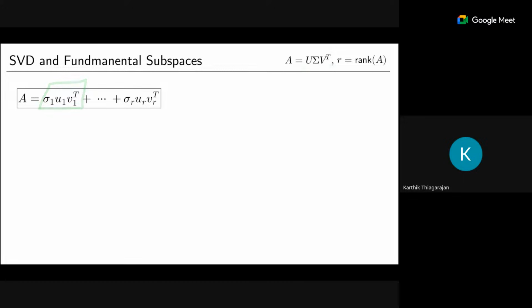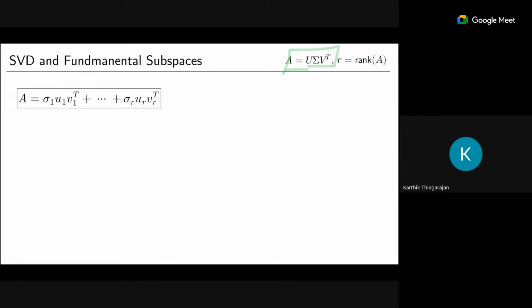If you sum all these, you get a rank R matrix, which is A. At most R; in this case, exactly R. So the rank of A is R, and you have expressed A as the sum of R rank 1 matrices, where each matrix has a left singular vector, a right singular vector and the corresponding singular value. It's a very important decomposition. This is the SVD, but expressed in a slightly different form.